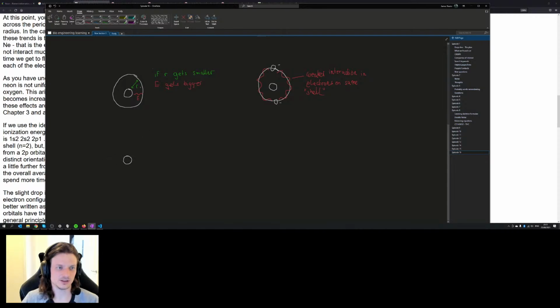So we got this again. And this R, the size of R, is determined through a function of probability.